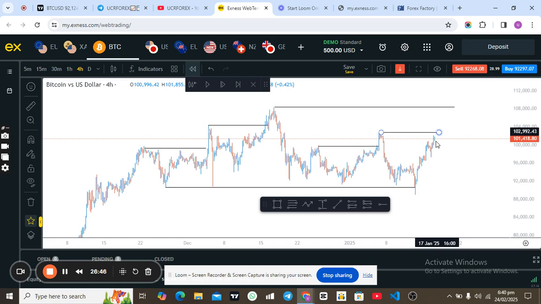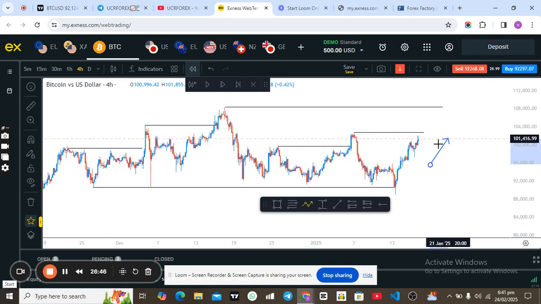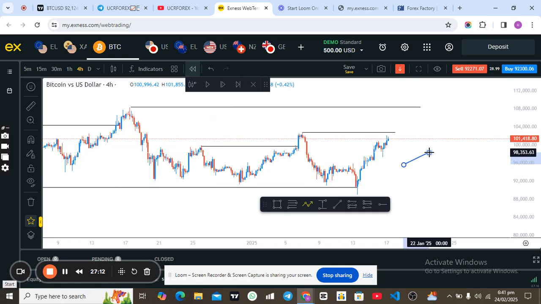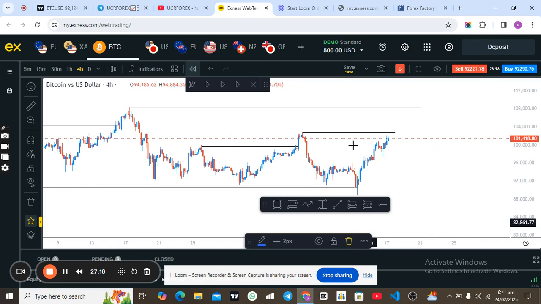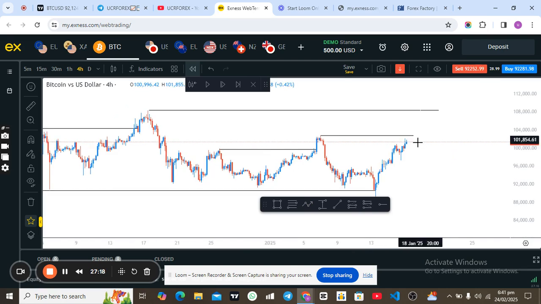So now let's play a little bit forward to see what really happened here. I don't know what is wrong with my network here. Okay, let's remove this particular thing. Now we are expecting price, number one, to break above this high.